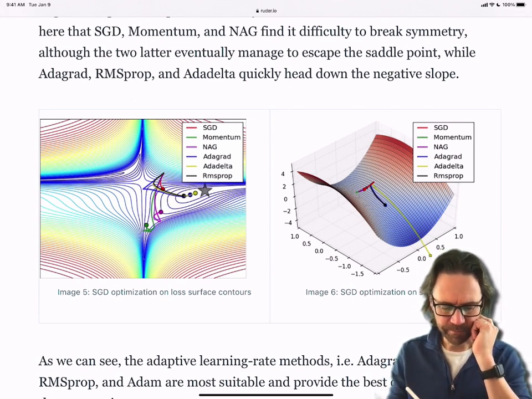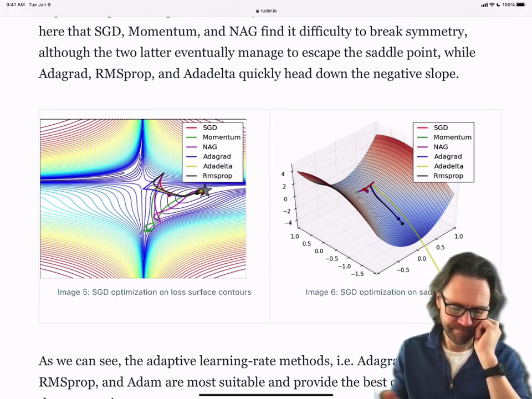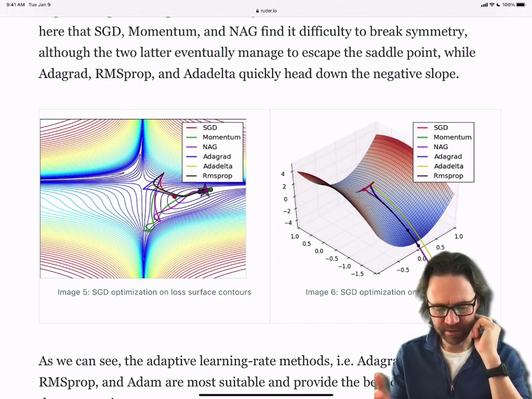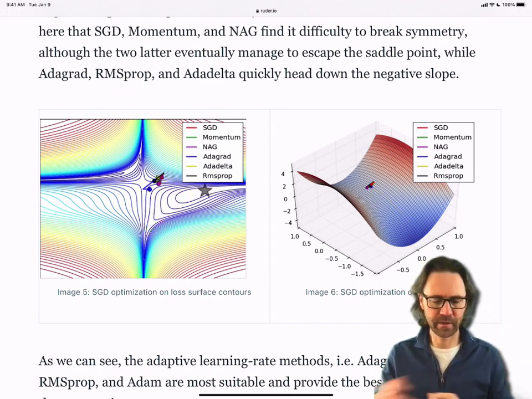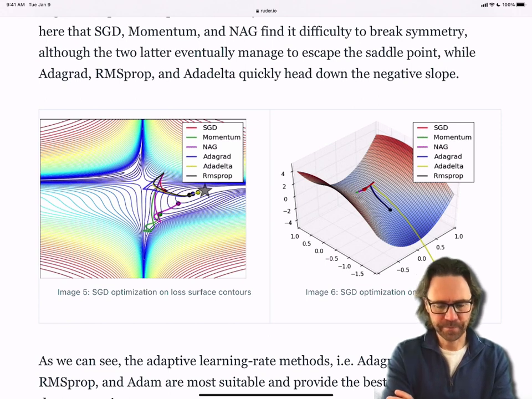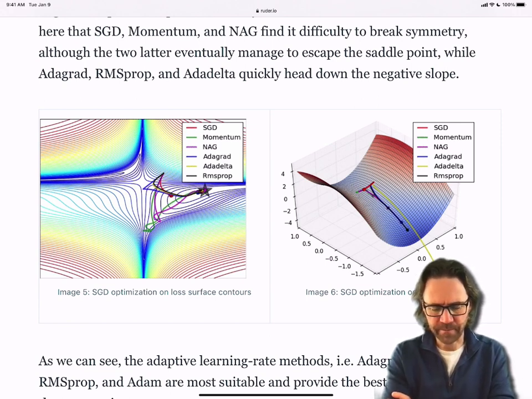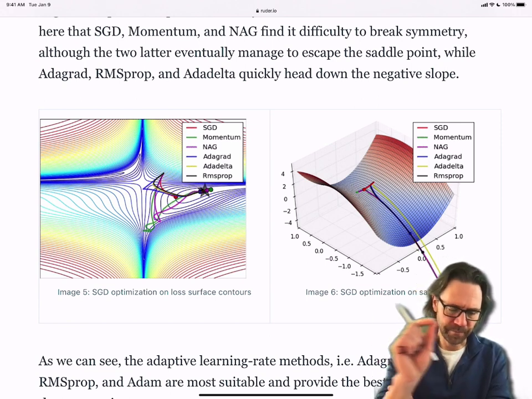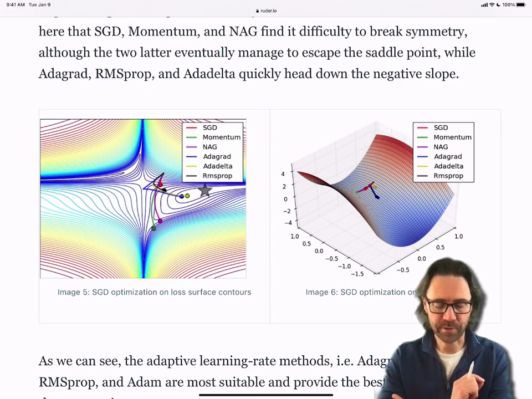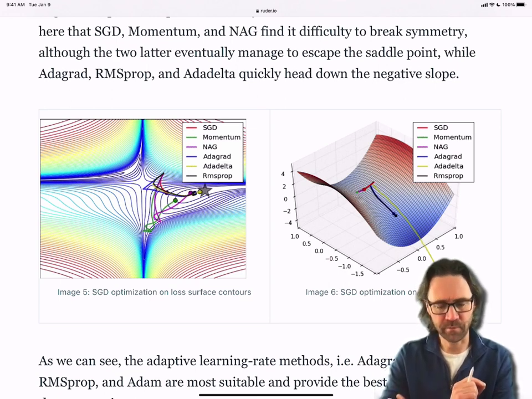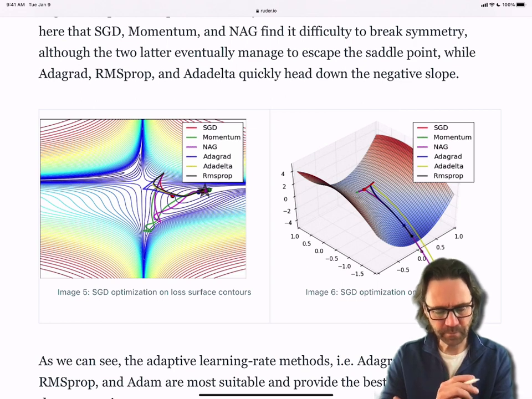So what we're seeing on the left here is a fairly complicated and challenging objective function or cost function. And you can see the different optimization solutions moving throughout this parameter space and seeking out that minimum, which is where that star is. So stochastic gradient descent is the red one.